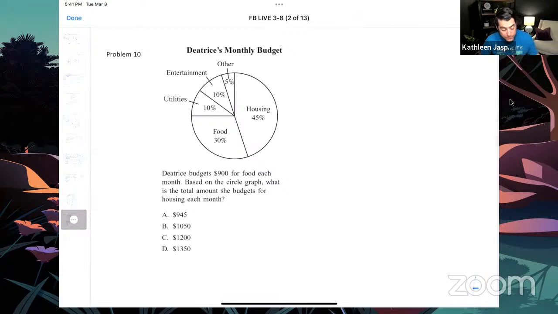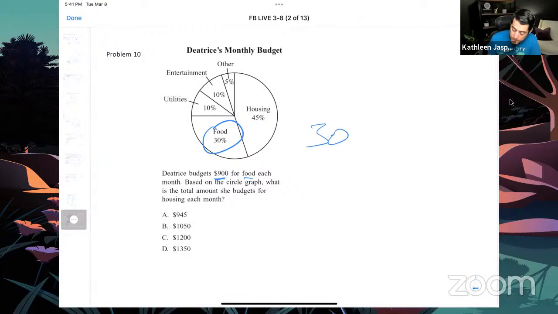So if we want to figure this out, we are going to go ahead and write an equation. They give us that $900 is food. So here's our food. So how do I figure out how much food costs? Well, we'll start with this. There's 30%.